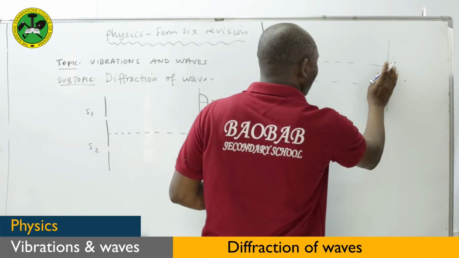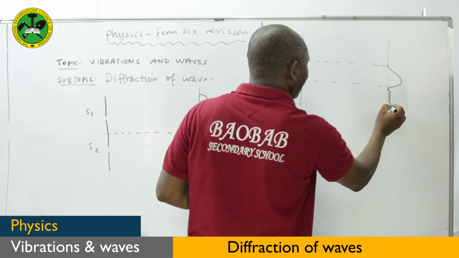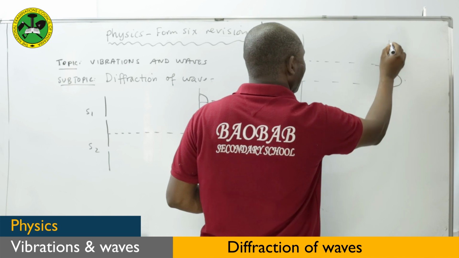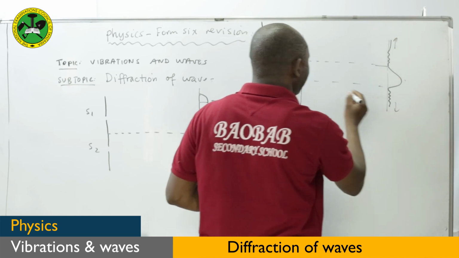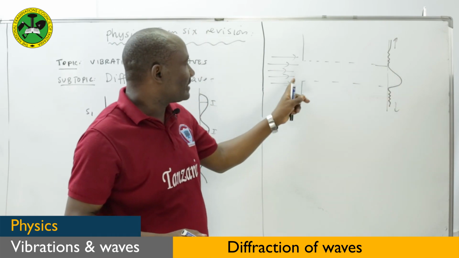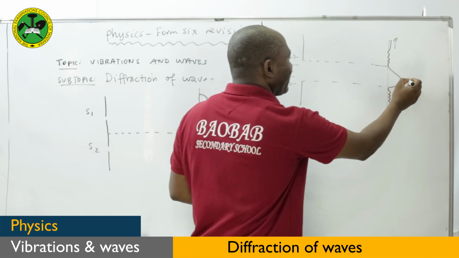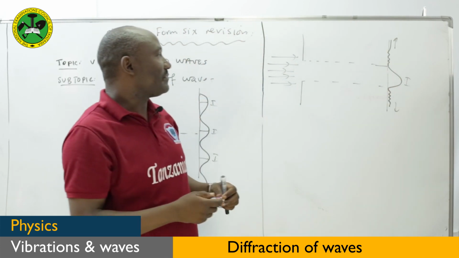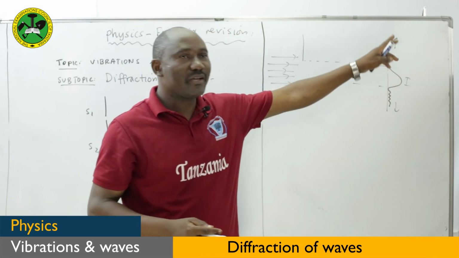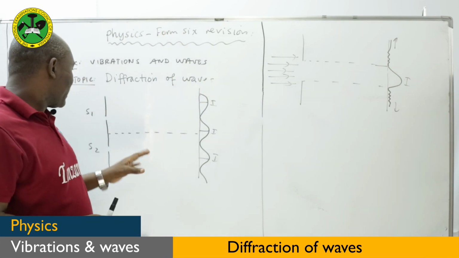Of course, this is what we know. You can see that the central image formed here opposite the opening is the maxima, which has a maximum intensity, but the intensity of the fringes decreases as you move away from the opening. So that's difference number one.